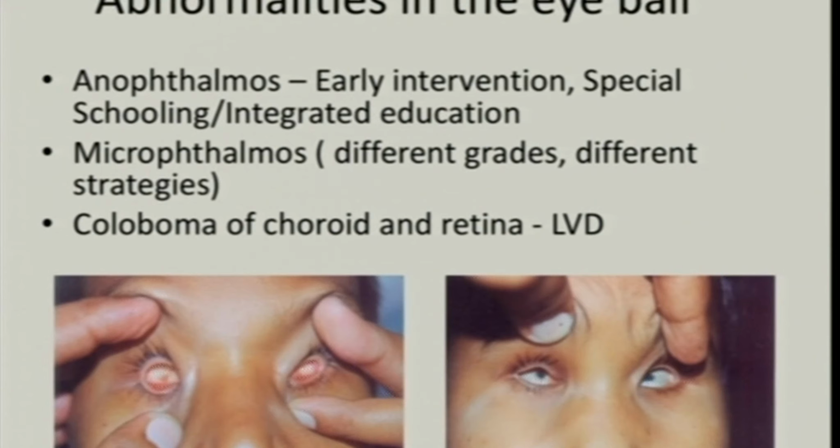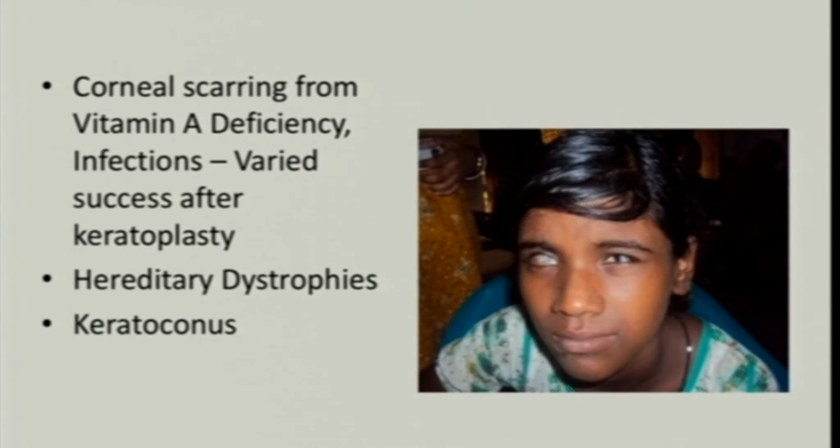And for moderate microphthalmos, they do very well with low vision devices. Then corneal cases with vitamin A deficiency, vascular scars, they are not good candidates for keratoplasty. Always we don't get good results, graft failure chances more, but for hereditary dystrophies and keratoconus, the success rate is much better.